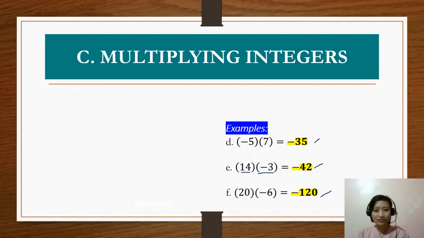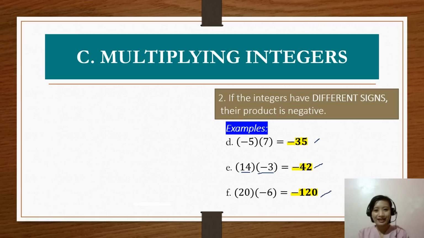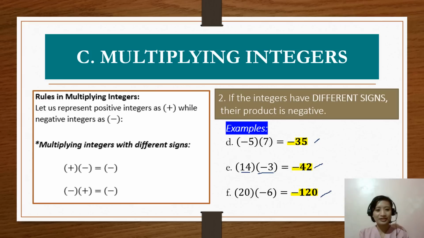What did you observe when we are multiplying integers with different signs? That is correct. If the integers have different signs, their product is negative. Or simply, positive times negative is negative, and negative times positive is negative.